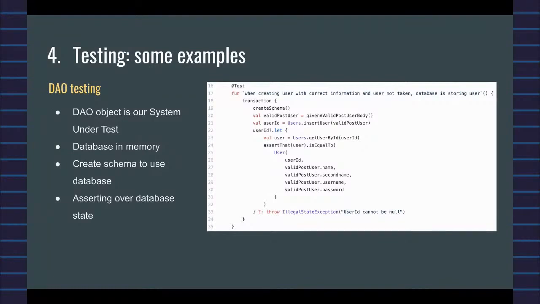And once we create the schema, we call the method that we want to test, and we do our assertions over database state. So we are using getUserById to check the database state. And then we assert that the user that is being returned is the one that we inserted.